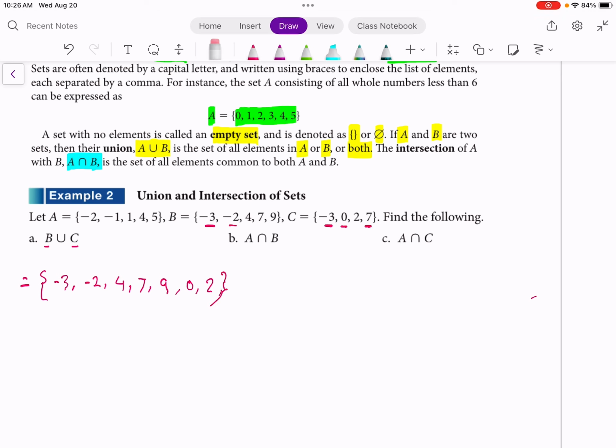So you are collecting every element from set B and set C without repeating. First you write down all elements from B, and then you look for the elements which are not common. -3 is already here, so we did not repeat it. Similarly, 7 is in both B and C, so we just write it once. And this is the union.